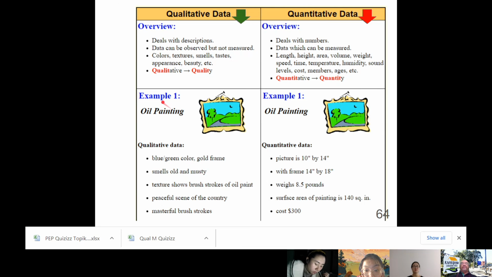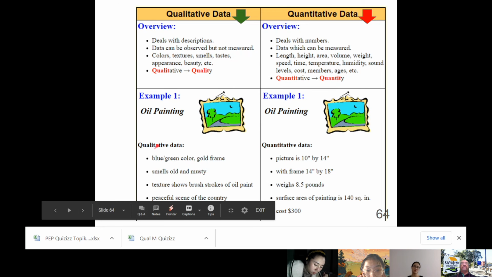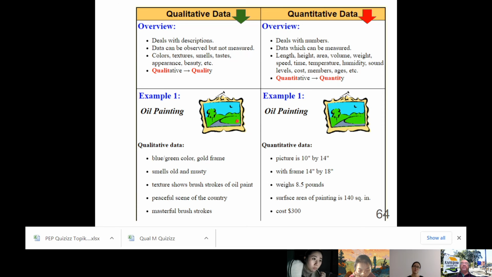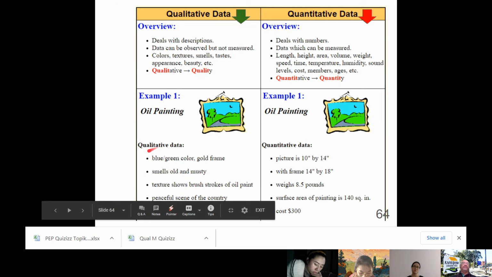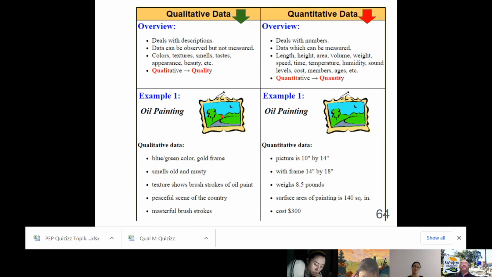Okay. For example, you have the painting. In qualitative data, when you observe the painting, you have these findings. First, it is blue and green color. Look at the picture there.